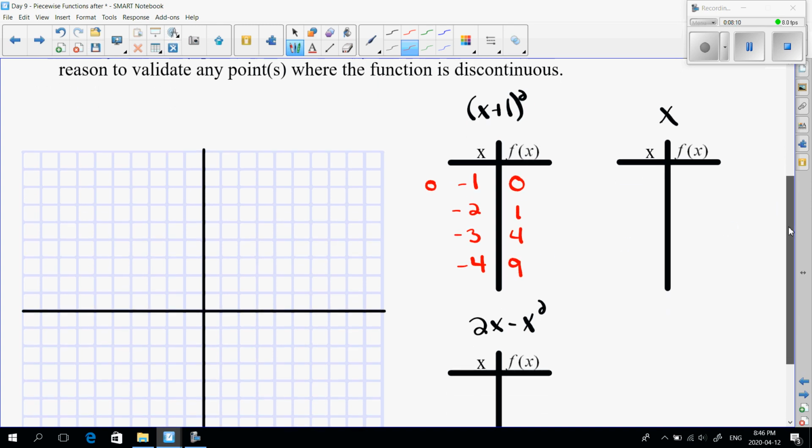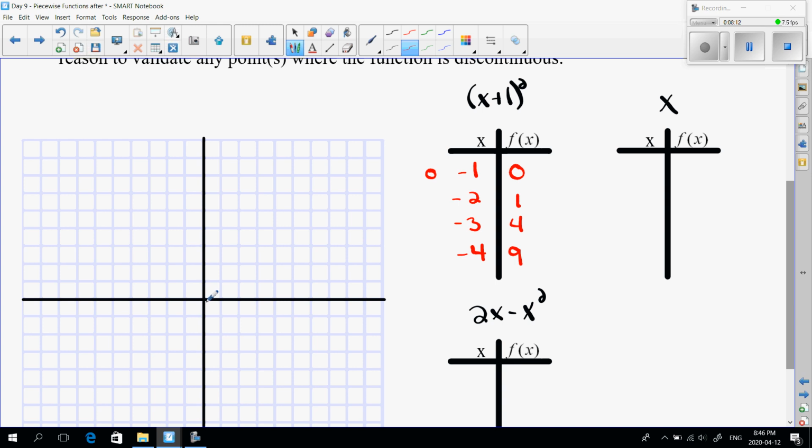Now, this is what it would look like. -1, 0, I would go 1 unit to the left, don't go up or down, and I'm going to draw an open dot. -2, 1, that's 2 to the left, up 1. -3, so 1, 2, 3 to the left, up 4.